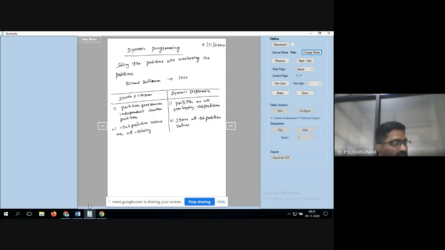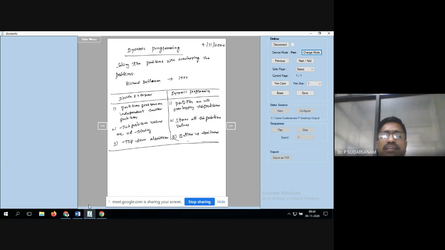Now here are top-down algorithms, and here are bottom-up algorithms. So divide and conquer is nothing but what?